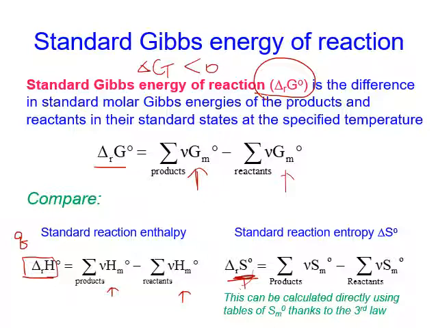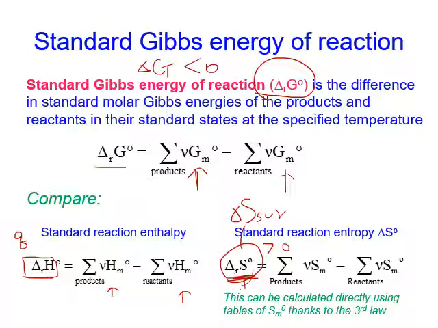However, remember, the second law says the total entropy should be greater than 0. So even if we know the standard reaction entropy is greater than 0, that doesn't mean the reaction is spontaneous. We need to know the entropy change of the surrounding. And then we add these two, then we know whether the reaction is spontaneous or not.